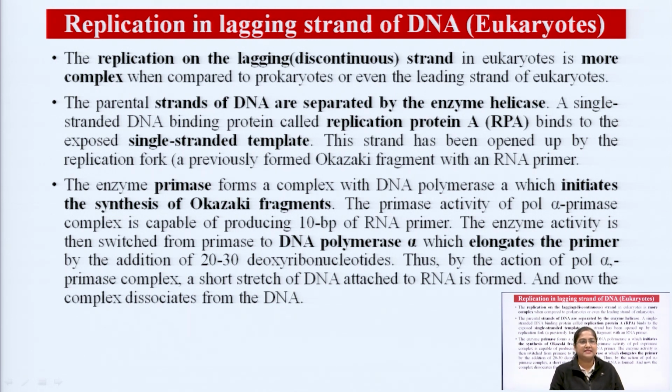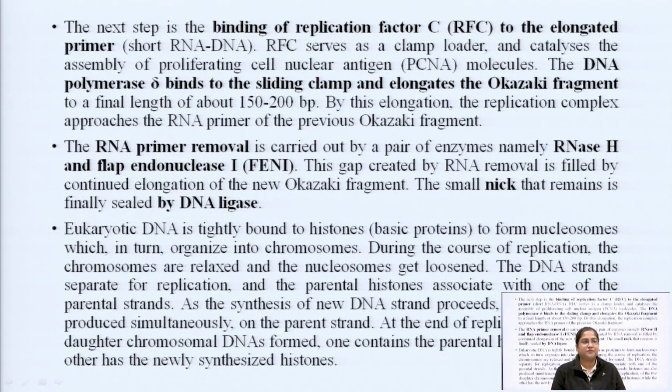DNA polymerase alpha elongates the primer by addition of 20-30 deoxyribonucleotides, and finally we will have our DNA strand for eukaryotes. So, in the next step, replication factor C binds, and DNA polymerase delta binds the sliding clamp and elongates the Okazaki fragments.